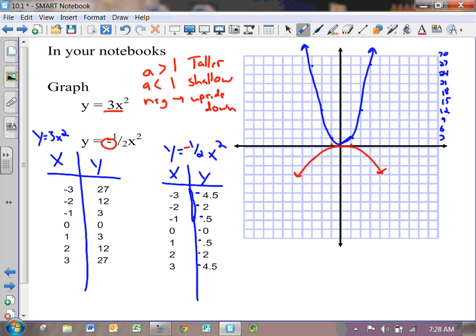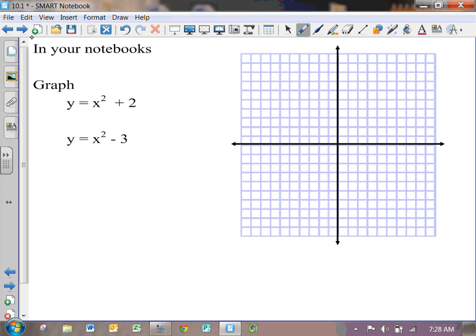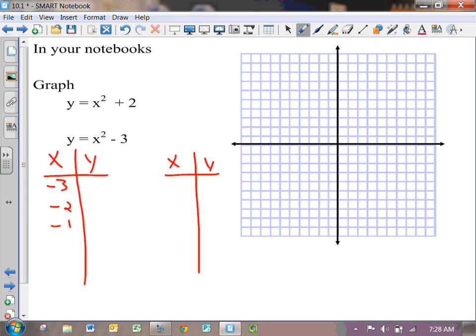So moving on, we look at another one. y equals x squared plus 2, and y equals x squared minus 3. So our x and y tables again for the first one, x and y for the second one. And I'm going to go through these pretty quick here. So negative 3, negative 2, negative 1, 0, 1, 2, 3.